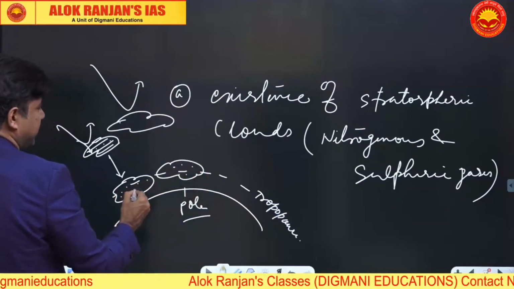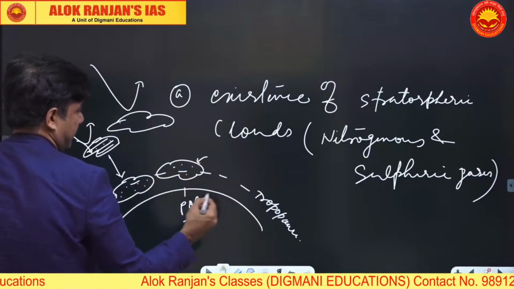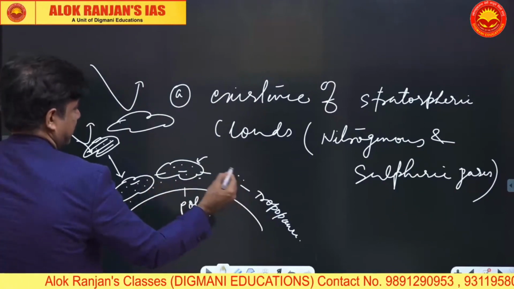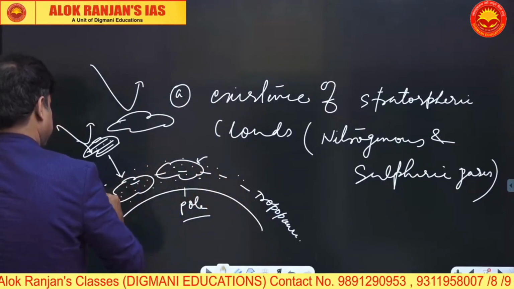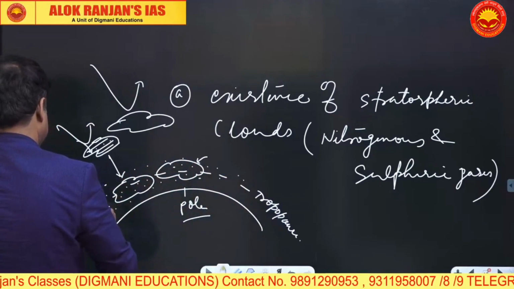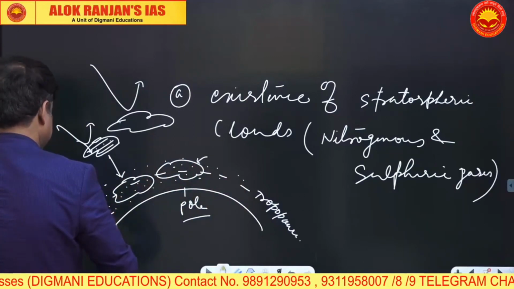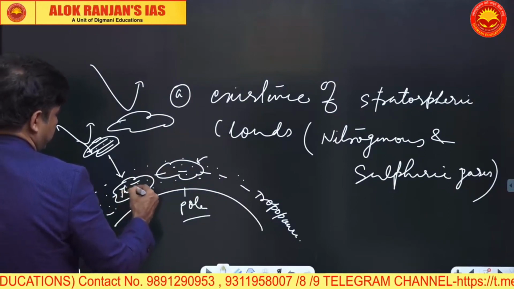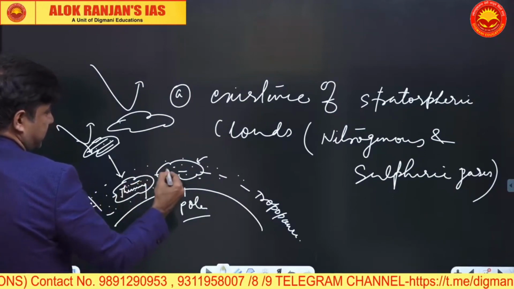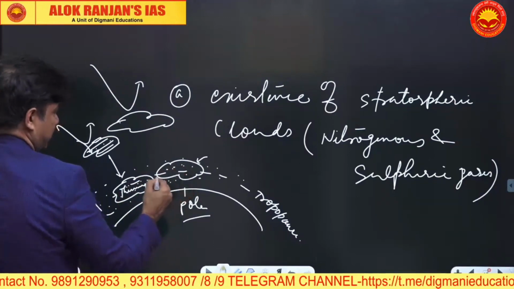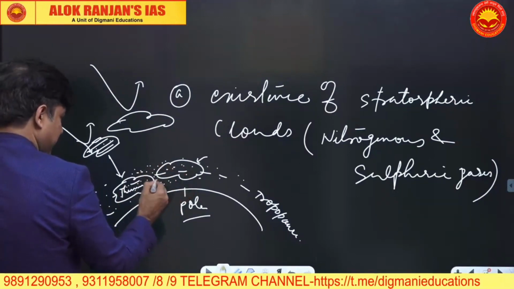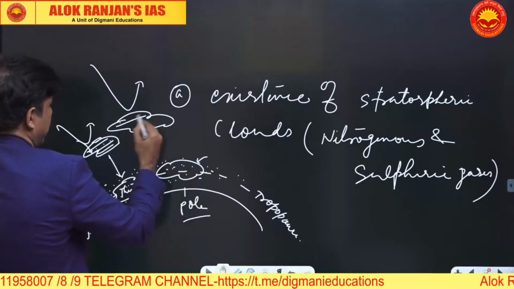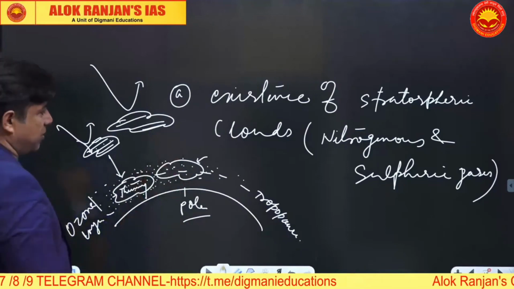Here the ozone layer is thinned out. This is your ozone layer. And here you have thinning of ozone. This is the thinned out ozone. Here the density is more. But just below the clouds, you have thinning of ozone.